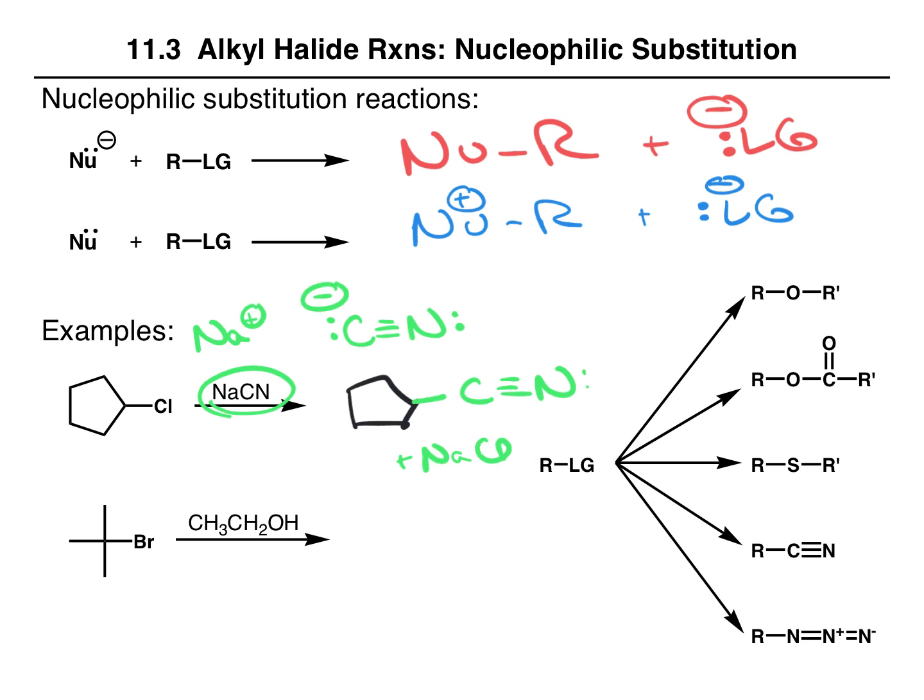Here is another example. If we take t-butyl bromide and we react this with ethanol. Now we're talking about all covalent bonds, and so that's important to pay close attention to that. Remember, in the previous example, we had a nucleophile with a negative charge, and so we got this as our product. Here, we have a nucleophile with no charge.